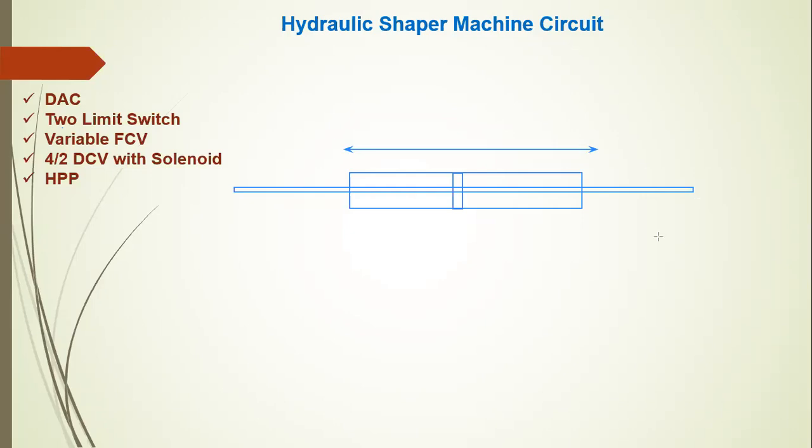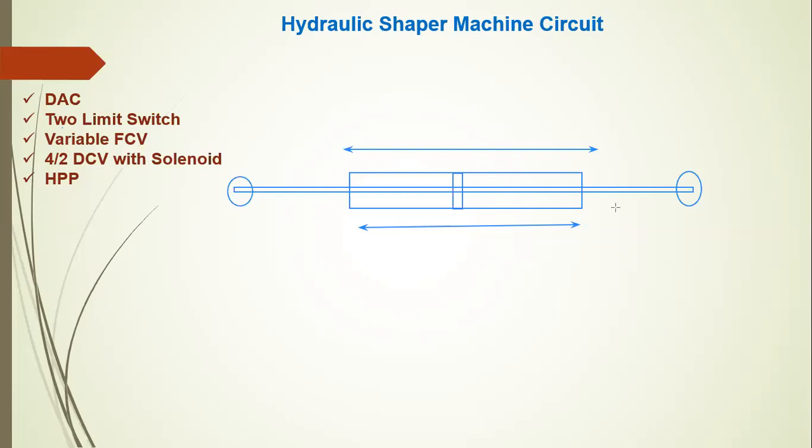The movement of this piston rod is the working condition. It is called the cutting tool and it cuts the metal by shearing action. Shearing action means reciprocating motion, left and right side motion.